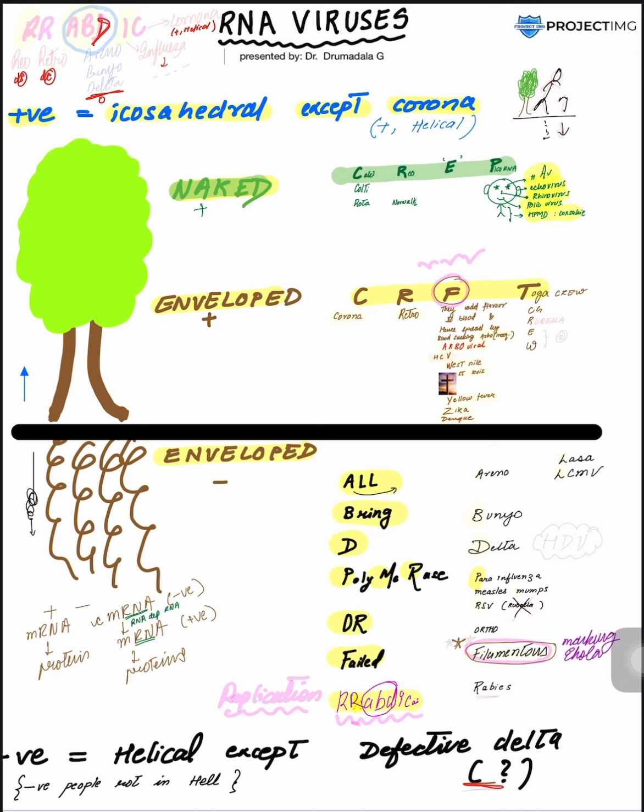Positive enveloped viruses contain coronavirus, R for retro, and F for flaviviruses, adding flavor to the blood, and hence they are spread by blood-sucking arbo. Arbo means mosquito, so they are spread by mosquitoes, hence they are also known as arboviruses.